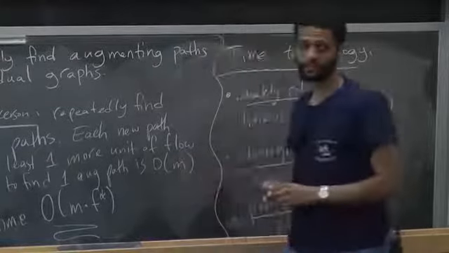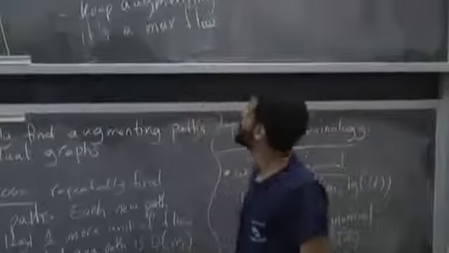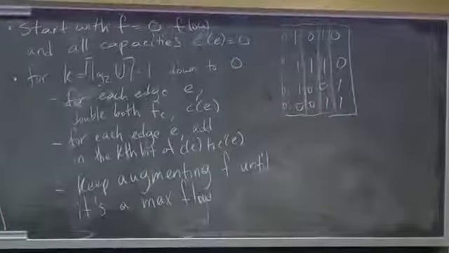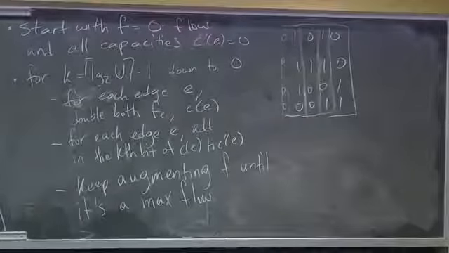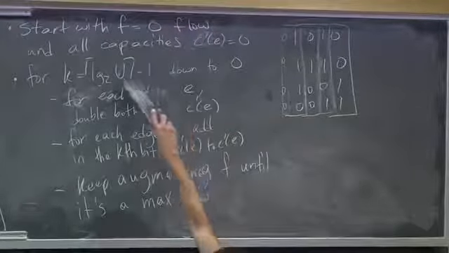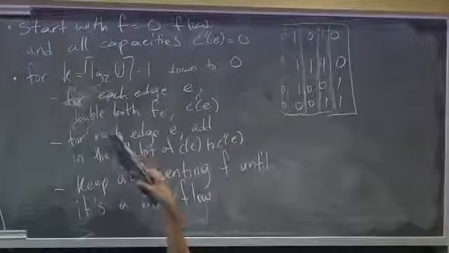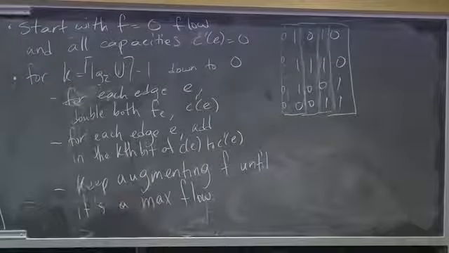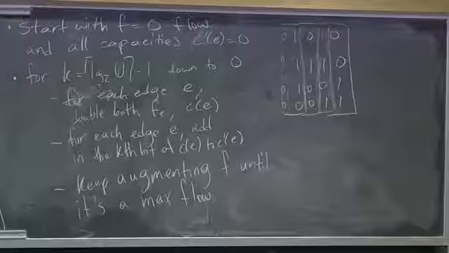Okay. So the invariant we're going to maintain is that every time we enter the start of this loop, the flow we have is a max flow for the current capacity C prime that we have. Okay.